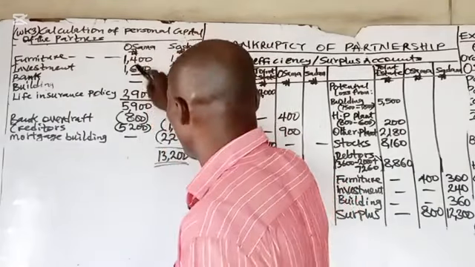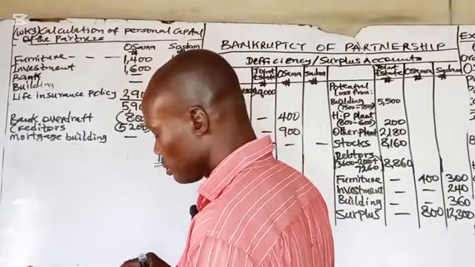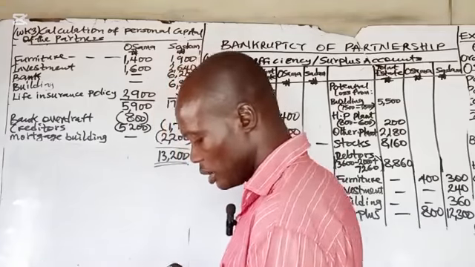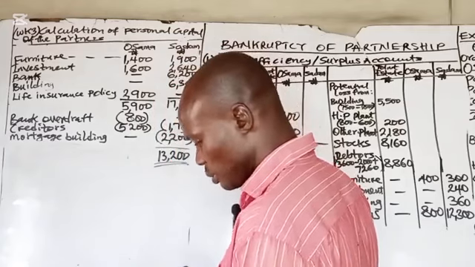Then for Osama, 5,900 minus 800 minus 5,200.